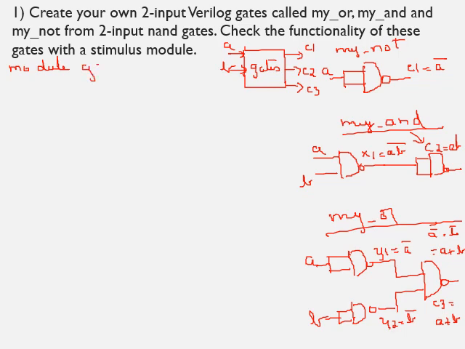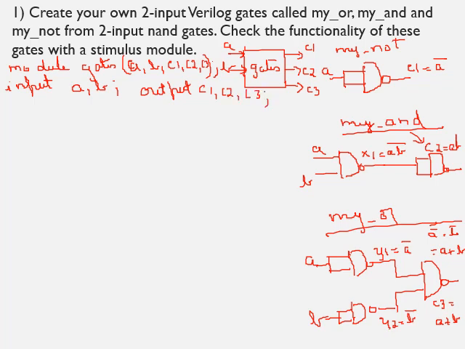So coming to the program, module gates A, comma B, C1, C2, C3. Okay. On port declaration, input A, comma B and output C1, C2, C3.